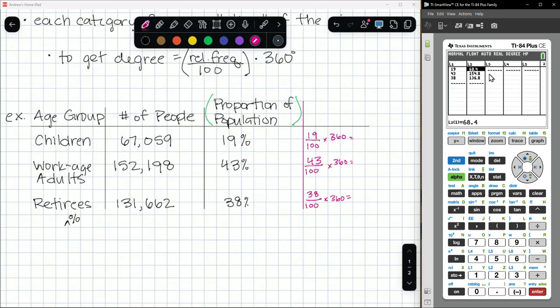And I get 68.4 degrees, 154.8 degrees, and 136.8 degrees.